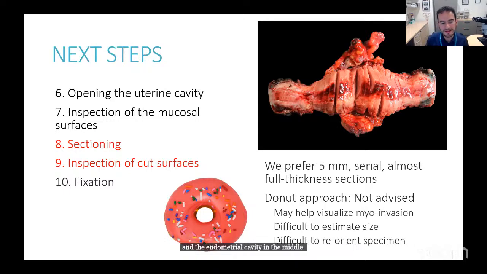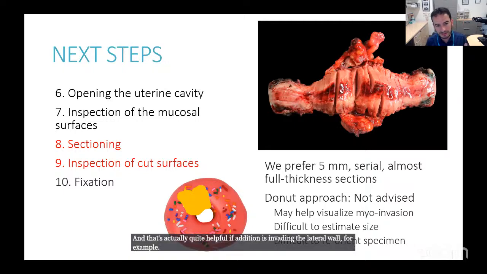The advantage of that is that if you have a lesion, you may be able to visualize or estimate the myometrial invasion, or the invasion into the uterine wall, much better. And that's actually quite helpful if a lesion is invading the lateral wall, for example, which we disrupt by cutting the standard way.